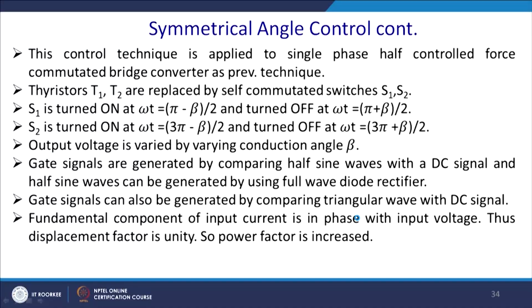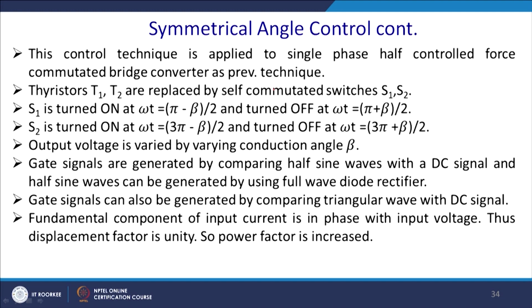This control technique is applied to the single phase half controlled force commutated bridge converter as shown in the previous pattern. Thyristors T1, T2 are replaced by the self commutated devices S1, S2.